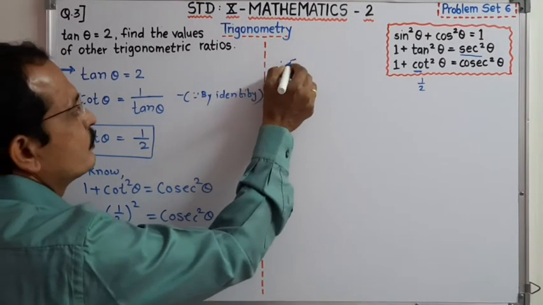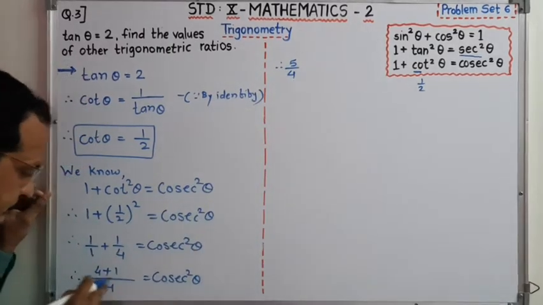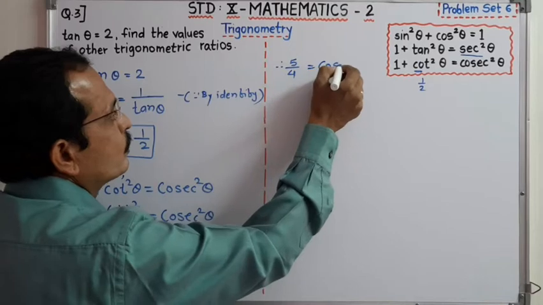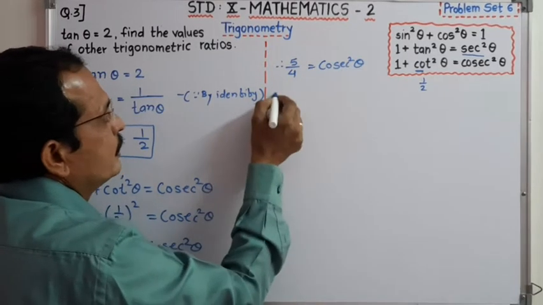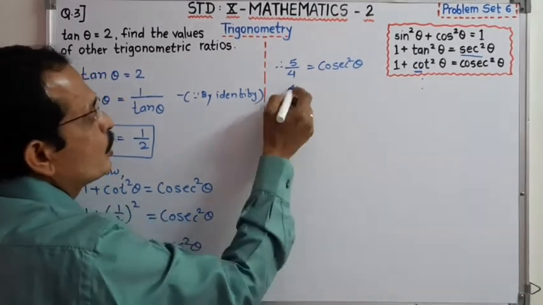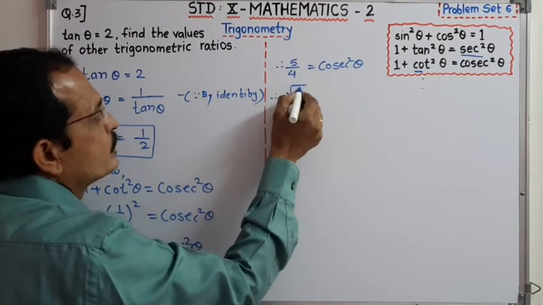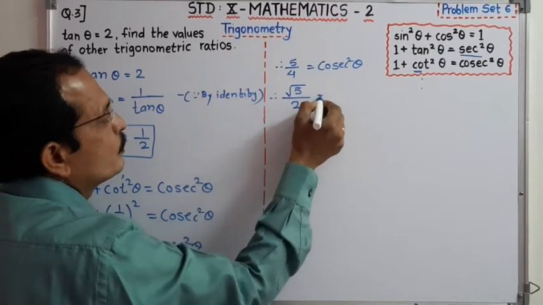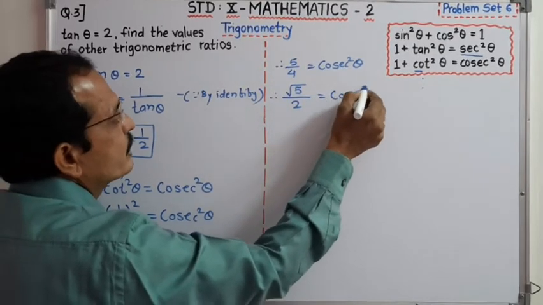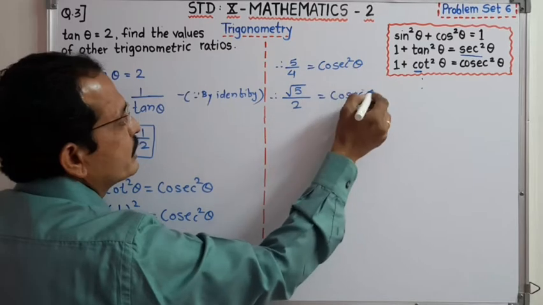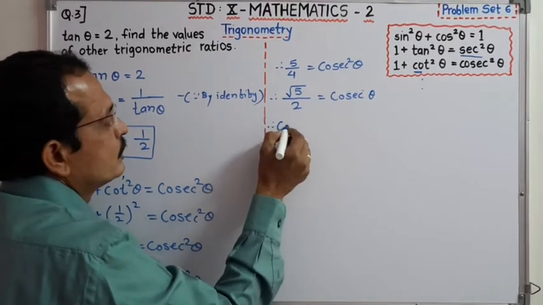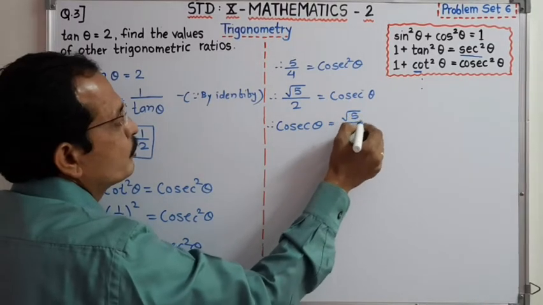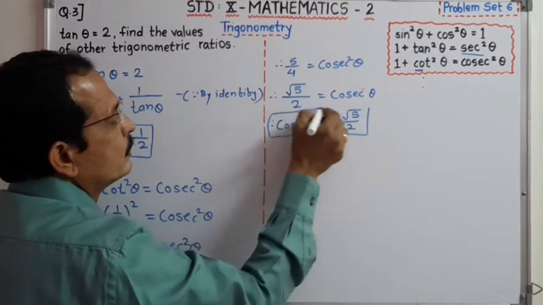Therefore it is 1 plus 1 upon 4, that is 4 plus 1 upon 4, which is 5 upon 4, equal to cosec square theta. Therefore, by taking square root of both sides, square root of 5 is root 5 and square root of 4 is 2. So cosec theta is equal to root 5 upon 2.